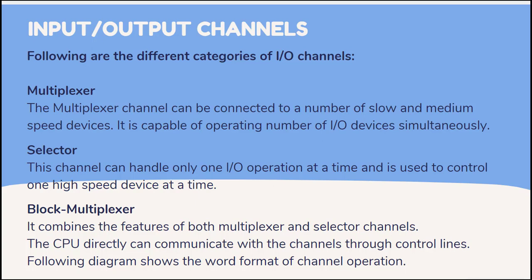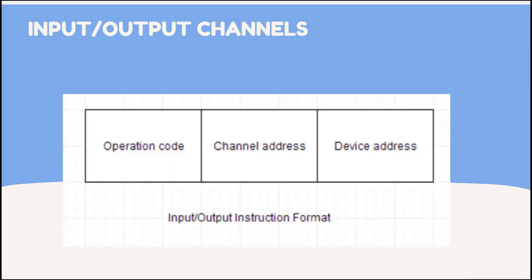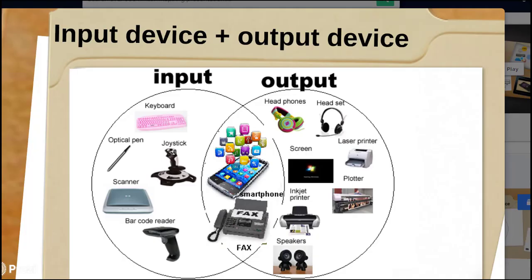The following diagram shows the word format for channel operation. As you can see here on the diagram, the computer system may have a number of channels and each is assigned an address. Each channel may be connected to several devices and each device is assigned an address.